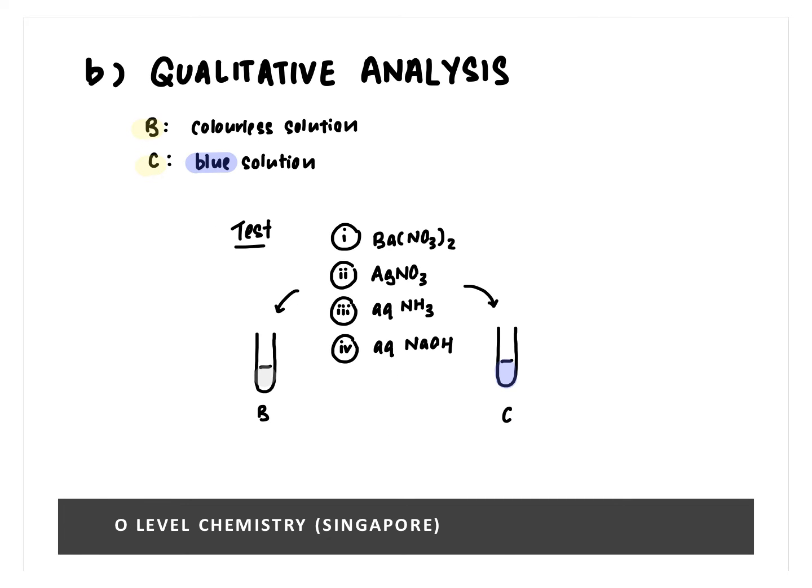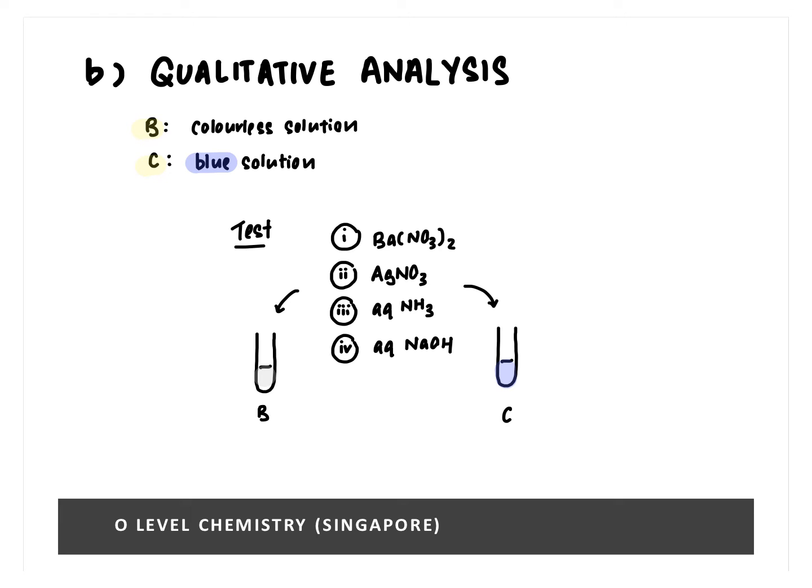The last mini experiment is a qualitative analysis on 2 unknown solutions: solution B, which is colorless, and solution C, which is blue. By this time, when you see a blue solution, you should be mentally prepared that it contains copper 2 ions, meaning there will be certain observations that will be expected, especially when you look at the reagents that you're going to add to test for the ions in B and C. So by now, you should be very familiar.